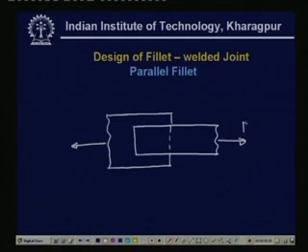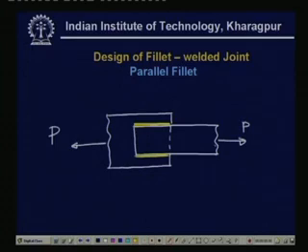Now, here it carries a load P. Parallel fillet is the fillet which is applied here, that is the welding is done in these two places. This is longitudinal fillet or parallel fillet. Now, what will be the design criteria for that?